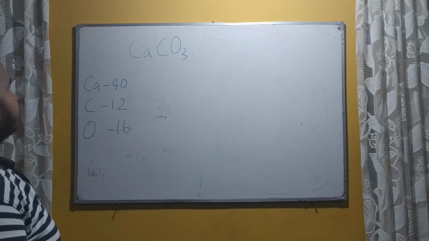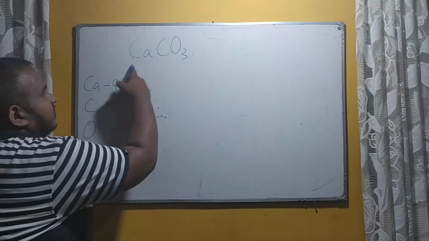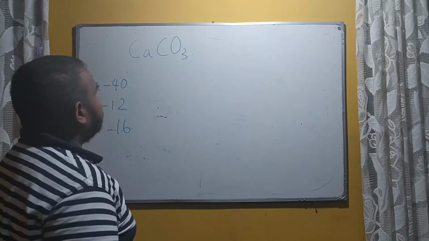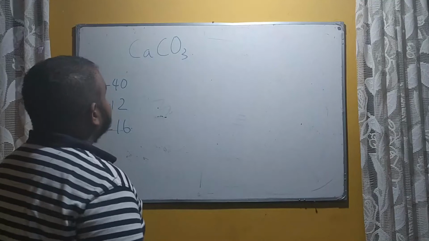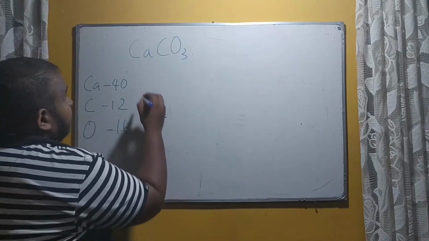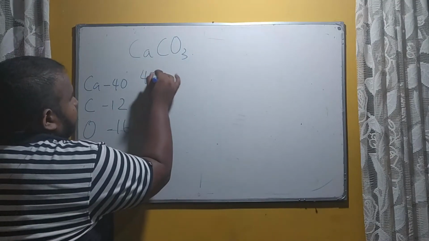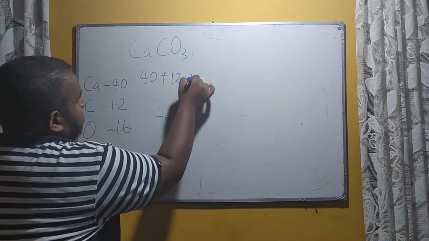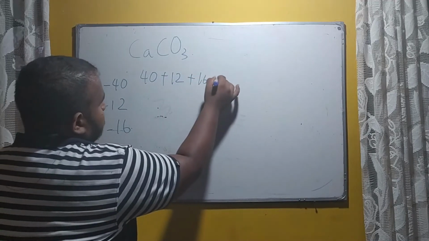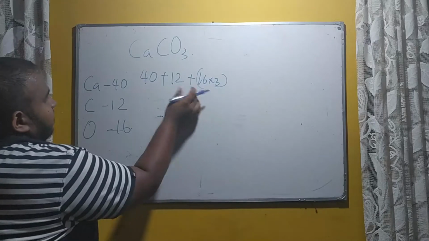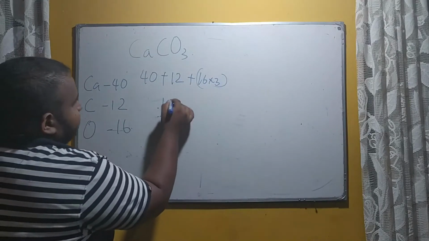If you consider the relative molecular mass, the value will be 40 plus carbon 12 plus oxygen 16 into 3, that is 48. 48 plus 12 plus 40, 100.